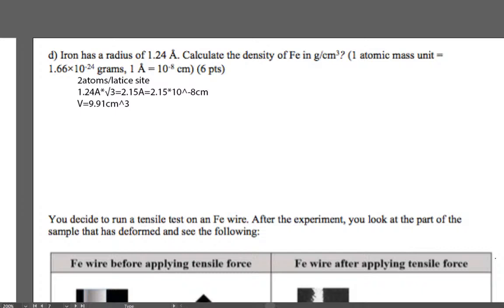And so obviously we can just write it as 2 atoms per centimeter cube first. 2 divided by the answer. So what you got is that the density equals 2.02 times 10 to the power of 23 atoms per centimeter cubed.